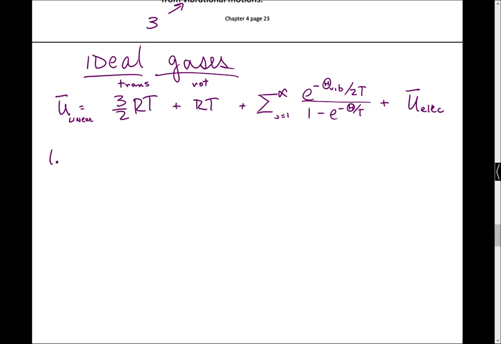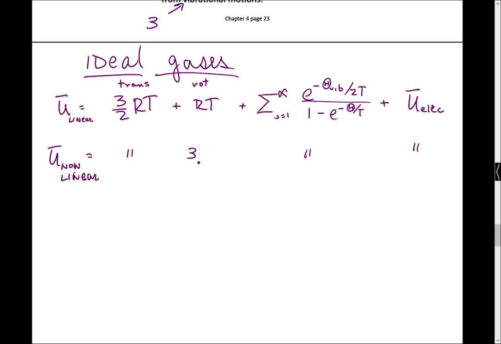If I do it for a nonlinear molecule, the first term is identical. The vibrational term, as I've described it, is identical because I'm going to the total number of modes. My electronic term, because I've generically indicated it, will just be the electronic energy.